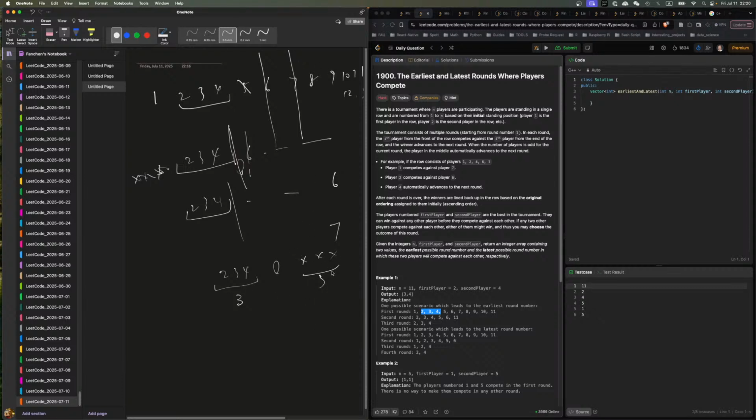So that's that, and this is now 7. If you do the math, divided by 2 plus 1, 7 will turn into 4.